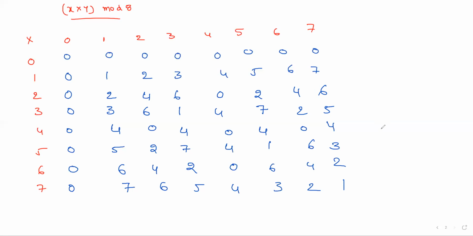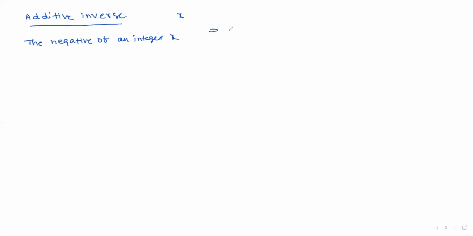Now the question is, how do we calculate additive inverse and multiplicative inverse? This is our main goal. Additive inverse: for example, x is an integer. The negative of an integer x is an integer y, such that x plus y mod 8 is equal to 0.